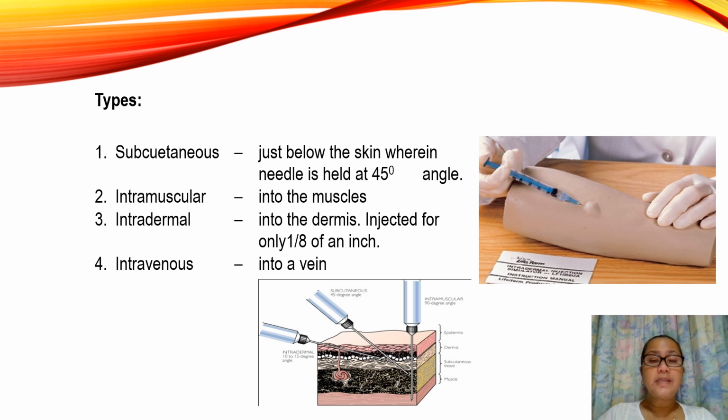So we have here the diagram. Here, kanang naka-point siya, they show into your muscle. Subcutaneous naka-incline, and your intradermal almost 0 degree, so 1/8 of an inch. And intravenous, we have also into a vein. Di ba? So, yun na ang picture.